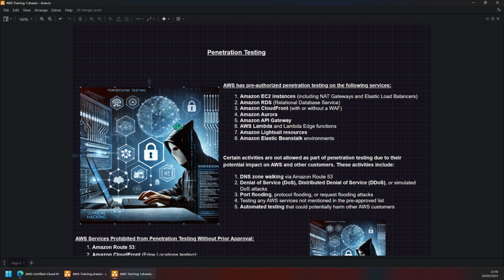Likewise, the armor is nothing but the shield which you have towards your on-premise or your cloud services. There's a shield which prevents the attacker from attacking you. So what is the use of penetration testing?